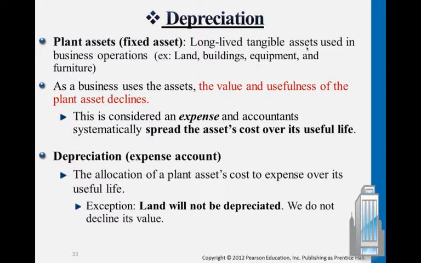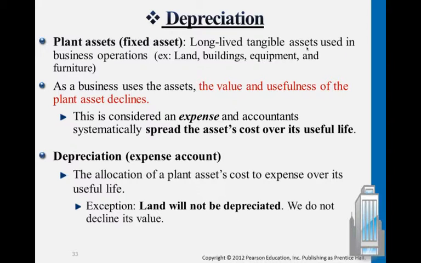It has gradually degraded along the years as we use it. So the beginning value is the value when we purchase it, assuming it's $1,000. Then over the lifetime, as we use the asset, we'll be reducing it by a certain value. This is called depreciating the asset, reducing the asset's value.